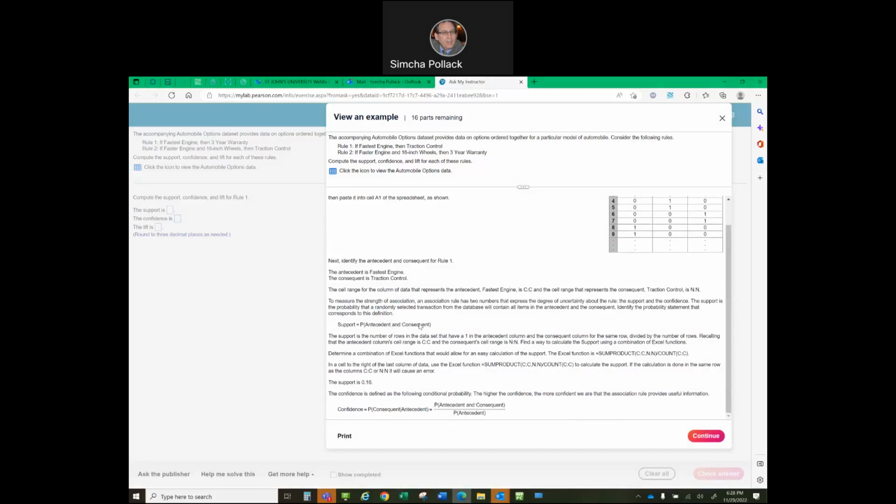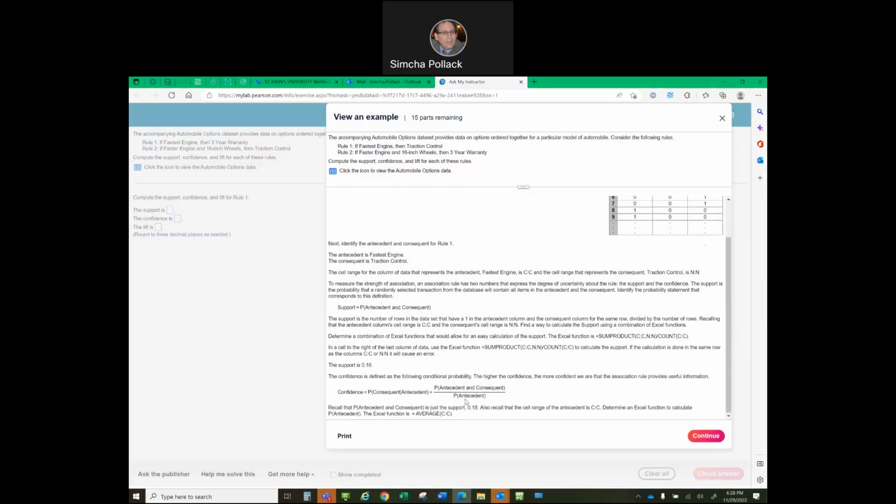That is divided by the probability of the antecedent, which is column C. So it's 0.16 divided by how many ones there are in column C. Let's do that. We can add up all the ones and divide by 50, which is the same as calculating the average, which is correct.